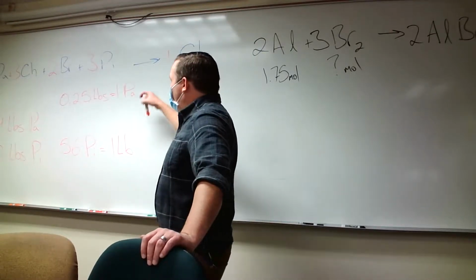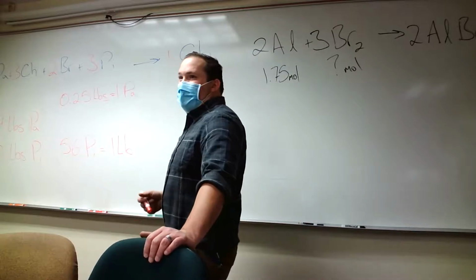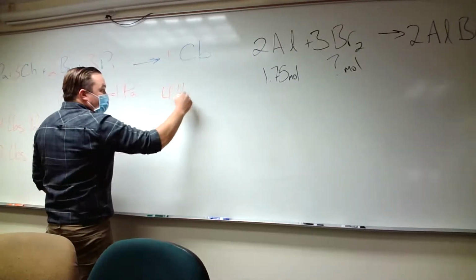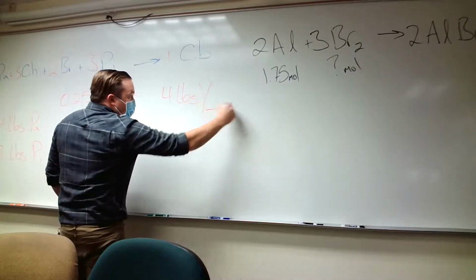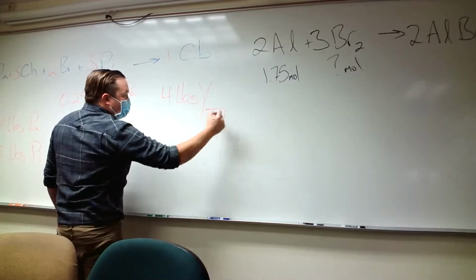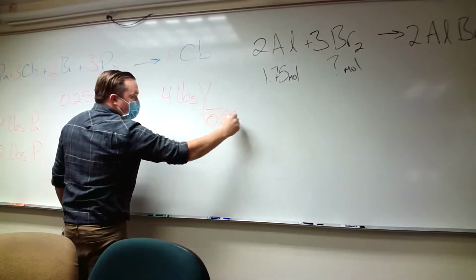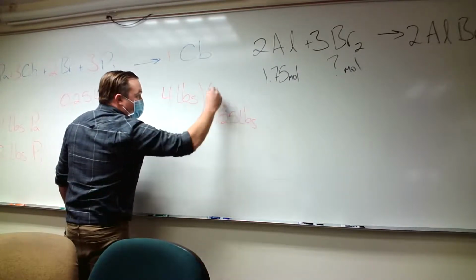How many cheeseburgers can we make? Well, first thing we've got to do is get to how many patties do we have. So 4 pounds, we got 16. And every 1 pound, or sorry, we had it the other way around. 0.25 pounds is 1 patty.